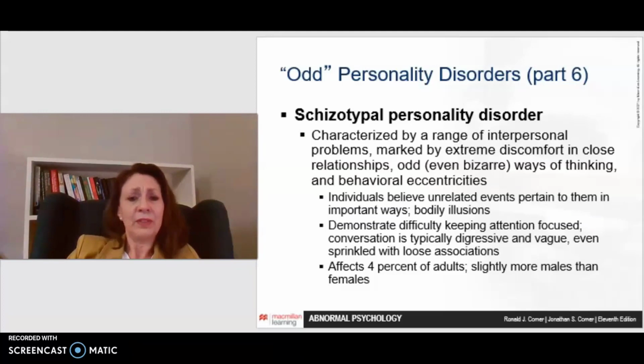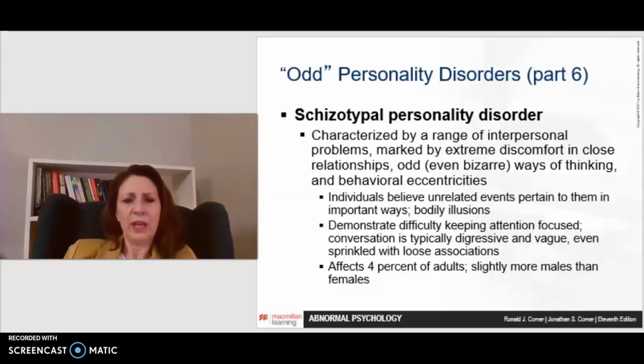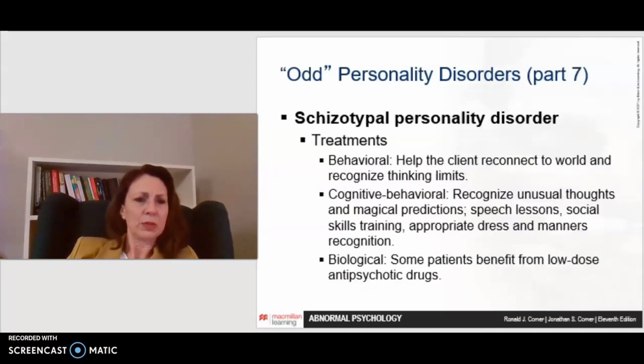Folks have difficulty keeping their attention focused. Their conversation typically digresses and is very vague, may even have just very loose associations that don't connect to anything, and it affects 4% of adults.